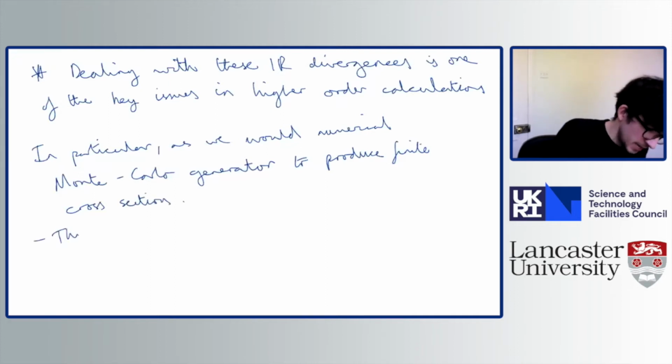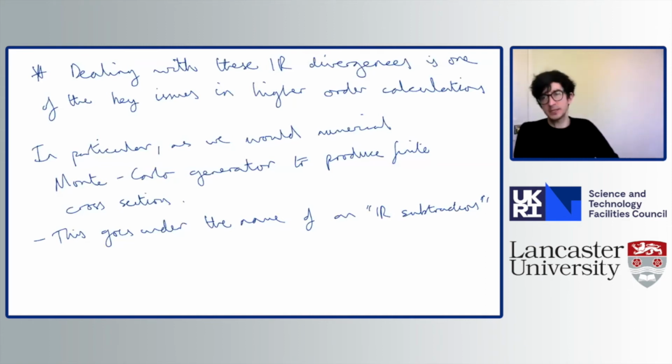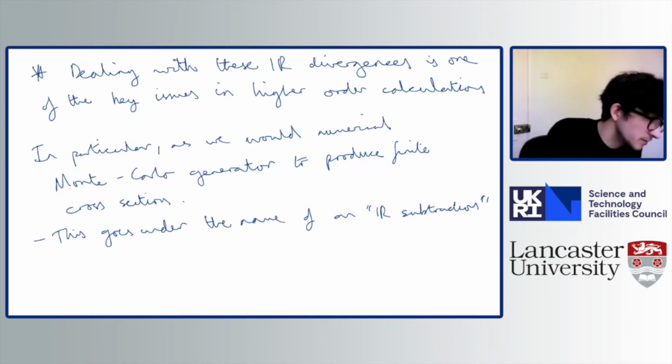And this goes under the name of an infrared subtraction. So let me say something very briefly about that. And by the way, I've just sort of slipped in and started talking about LHC physics. Well, as I promised, all of this stuff that I've introduced in the case of e plus e minus, one also produces quarks and anti-quarks and everything else at the LHC, so it all carries over. It's completely relevant.